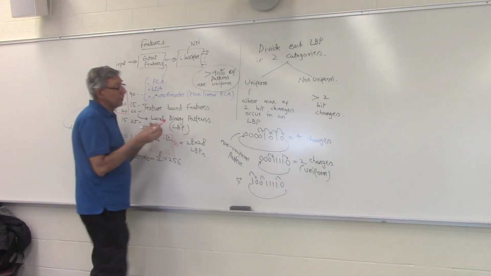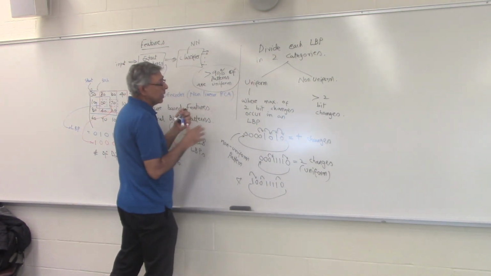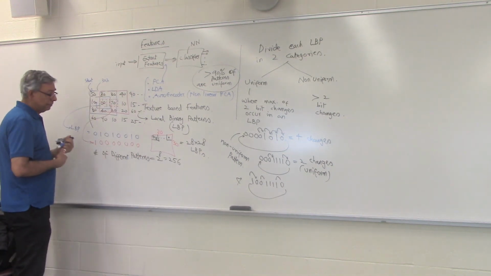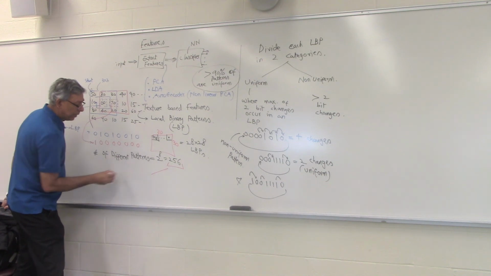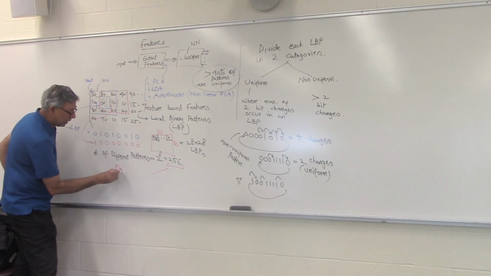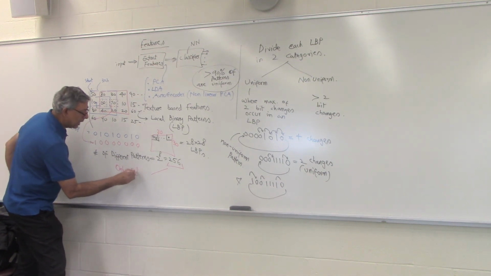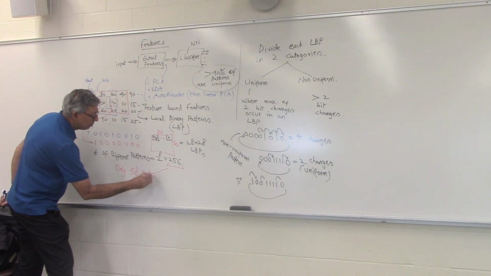Okay, so it turns out how many total patterns are possible? 256, right? If we go through and examine all of these, we will find out that only 58 patterns are uniform.